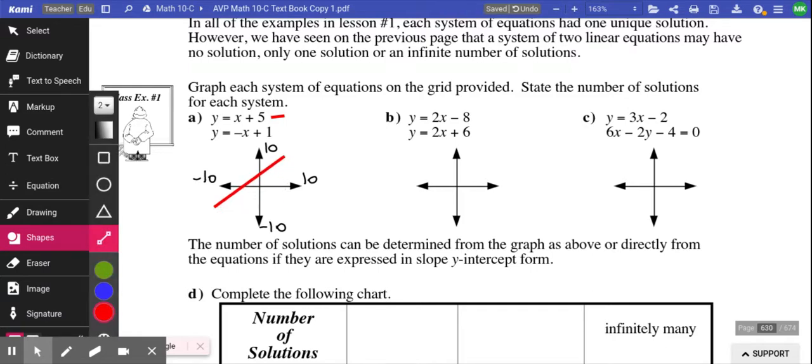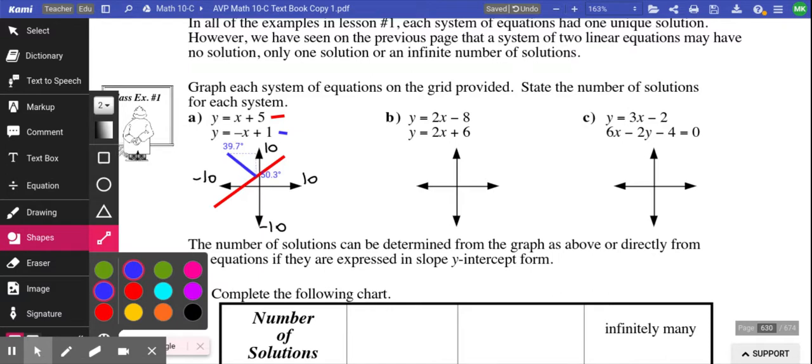The second equation right here, you should be at 1 and you should be looking somewhat like that. Your second equation right here should have looked something like this.